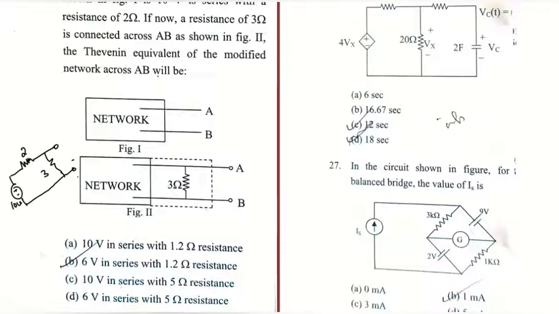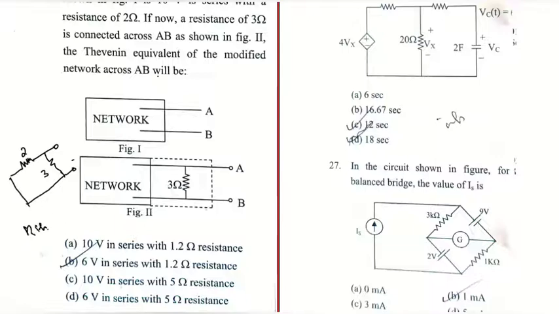To find the Thevenin resistance, what we actually do is short circuit the voltage source, and now this 2 ohm and 3 ohm are in parallel. So the equivalent resistance will be R1 R2 divided by R1 plus R2, which is 6 divided by 5, which is 1.2.